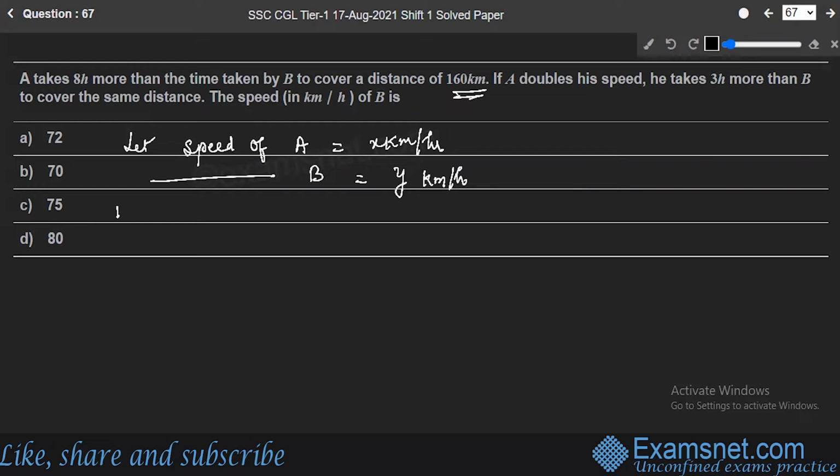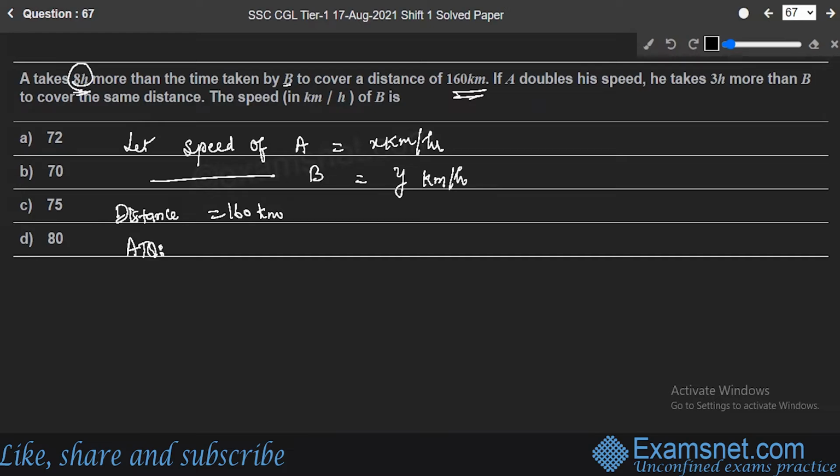Then what is the total distance? Distance is given to you as 160 kilometers. In this question, it says A takes 8 hours more than B to cover this distance. Then according to the question, the difference between the time taken by A and the time taken by B is 8 hours.